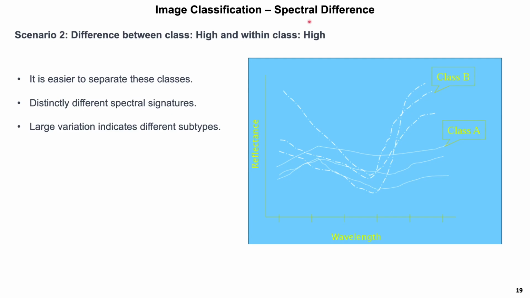So by calculating the Euclidean distance or a parallelepiped, and comparing it with the mean of your data, you will be able to distinguish the difference very clearly and assign different classes. So that is what the spectral difference means.